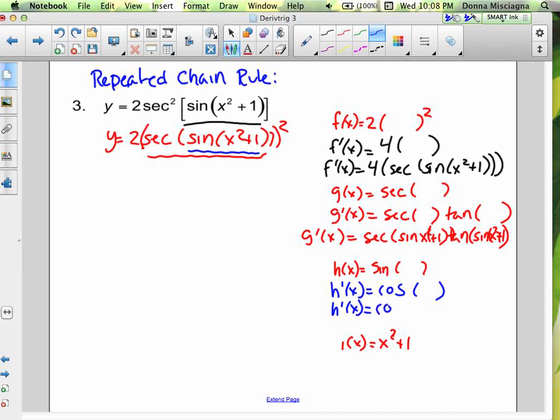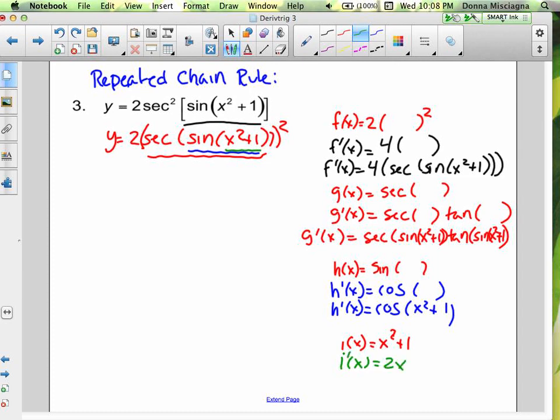It's cosine x squared plus 1. This parentheses is not in the right spot. There we go. All right, and so now we're at the innermost spot, the x squared plus 1. What's the derivative of x squared plus 1? Now we don't even need any blops. That's just going to be 2x.